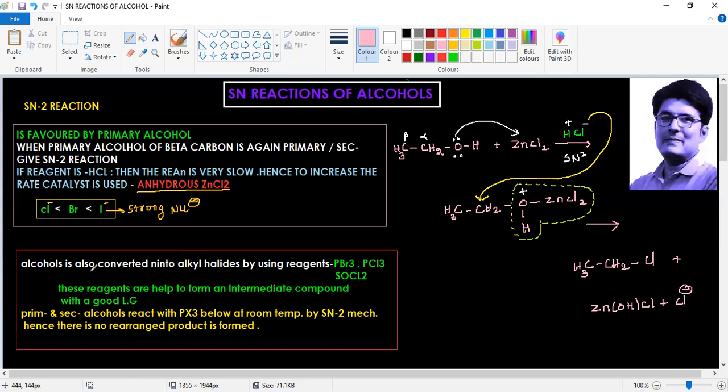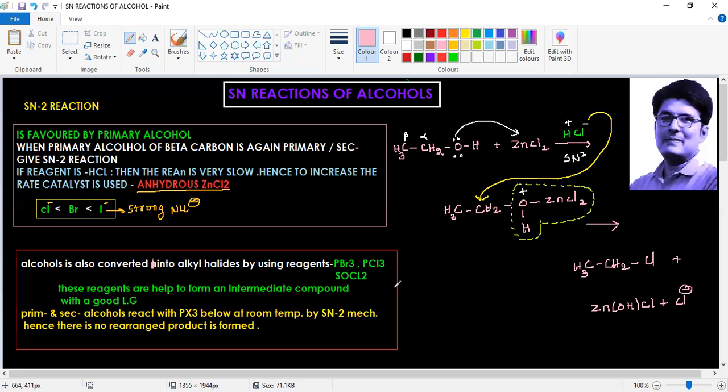Chalo, second part ఏంటి బేటా? ఇప్పుడు the alcohols are also converted into alkyl halides by using reagents like PBr3, PCl3, otherwise SOCl2, that is thionyl chloride.